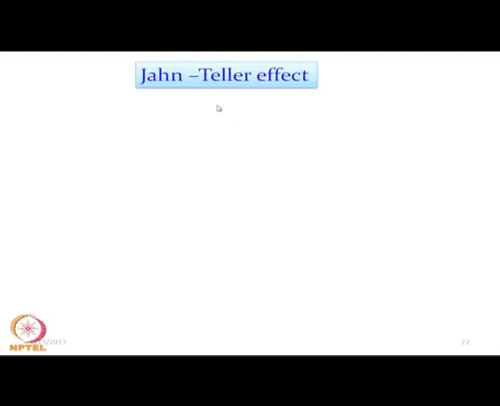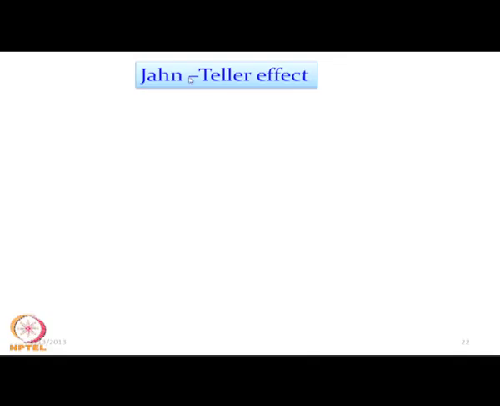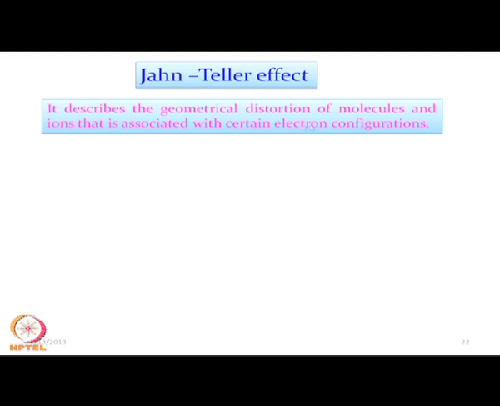Then we will extend to our next class also how these distortions can be very much effective for the corresponding Jahn-Teller effect. So, this is a very simple and effective effect. This can be known from the corresponding interactions. If we can have a geometrical distortion of molecules and ions that is associated with certain electronic configuration, the electronic configuration will now dictate the corresponding distortion.